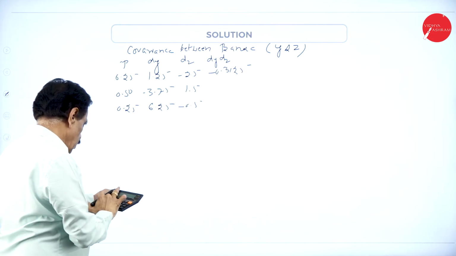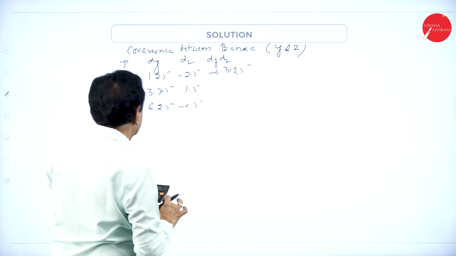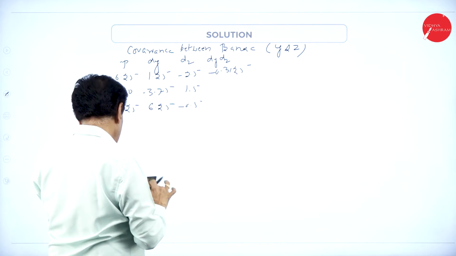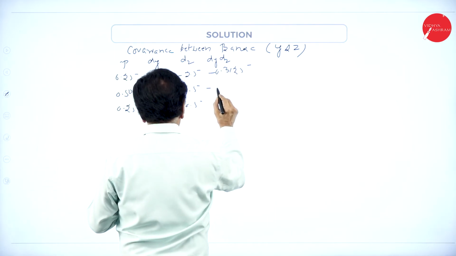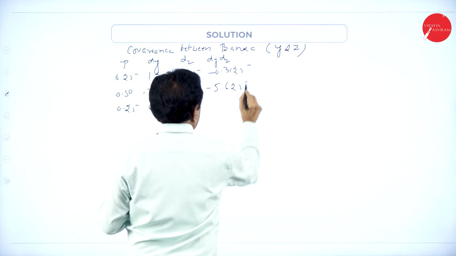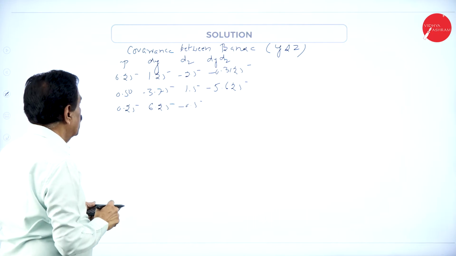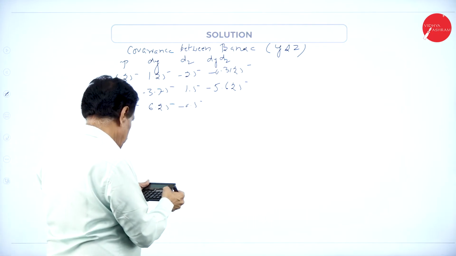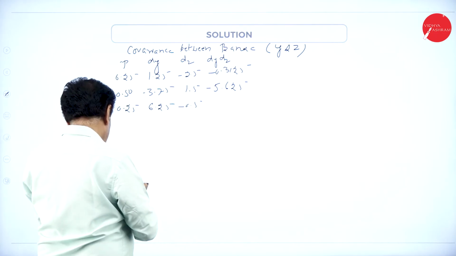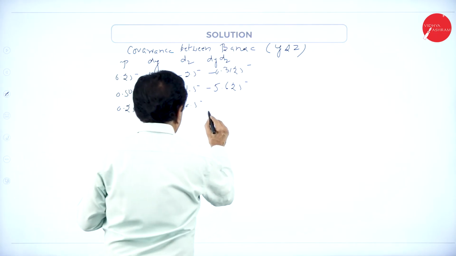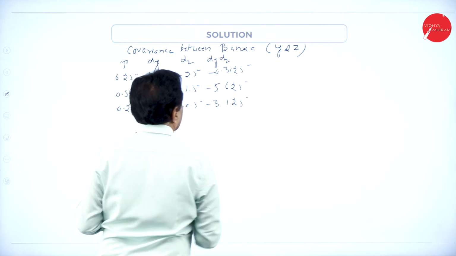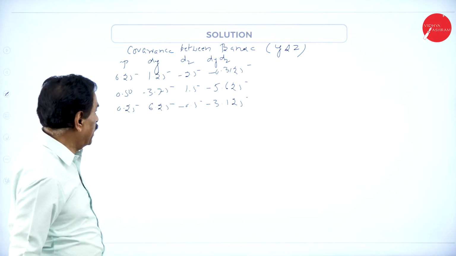This is 1.5 into 3.75 minus 5.625, then 0.5 into 6.25 is minus 3.125. All minus figures will come.